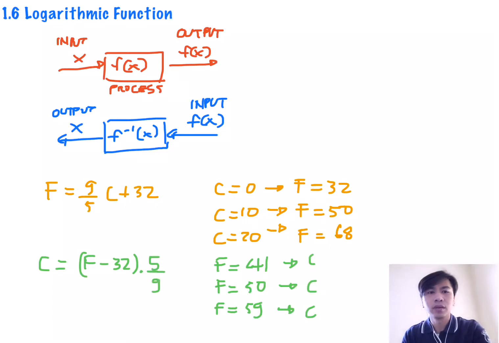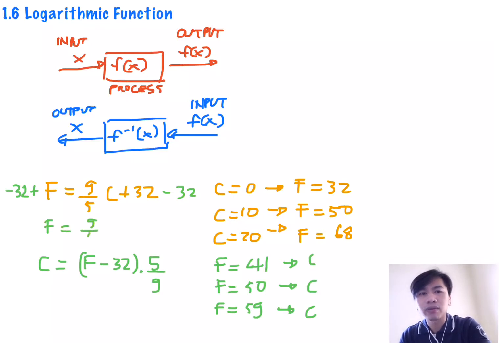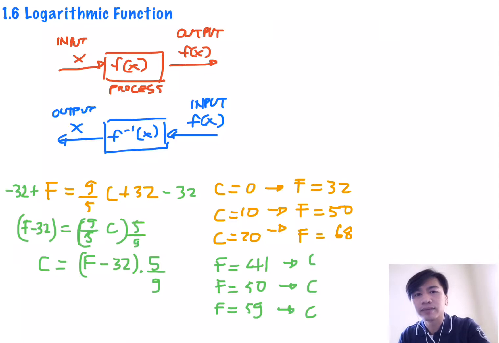If you wonder how we get to this, it's actually by subtracting 32 on both sides on the first equation, and then we'll get F minus 32 equal with 9 over 5 C, and then times it with 5 over 9, 5 over 9. So we'll have this one.